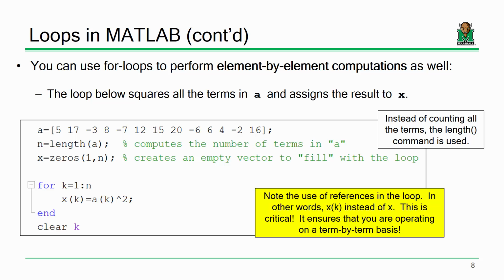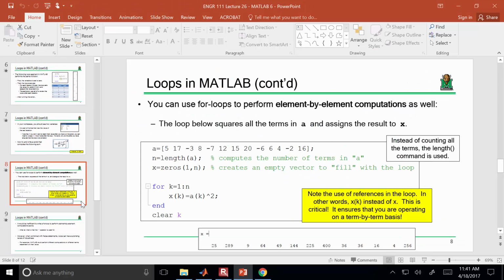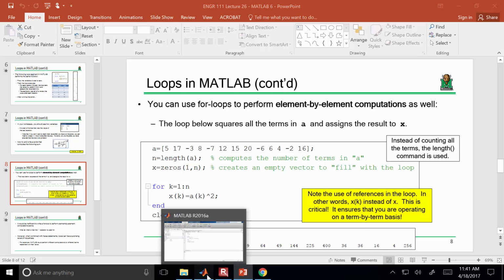And so we want it to be 5 times 5, and 17 times 17, and -3 times -3. In other words, this script is going to take A, the input matrix, and create a new matrix X that has for each one of those terms the square of the input term from A. All right, so let's try that.